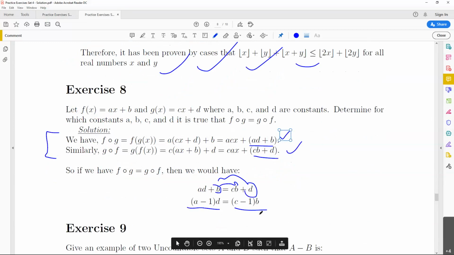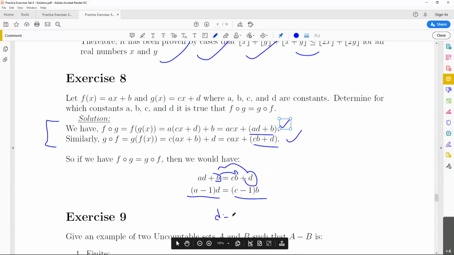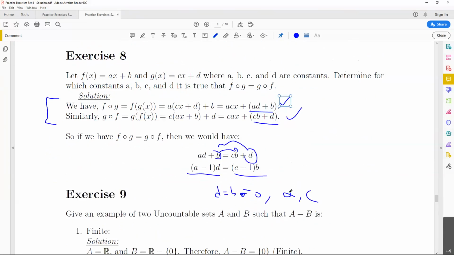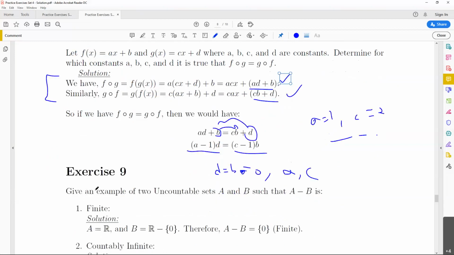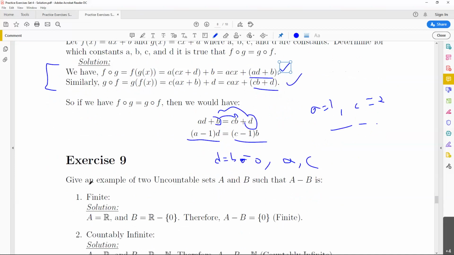So for example, if you set d equals b, like if it equals 0, then for whatever value of a and c, both sides are going to be true. So yeah, it's not just one constant, like take a is 1, c is 2, and so on. There might be infinitely many possibilities.